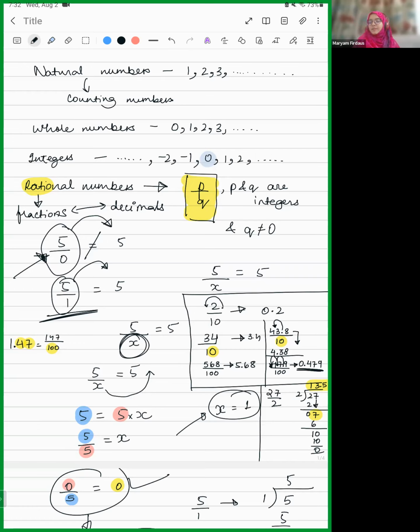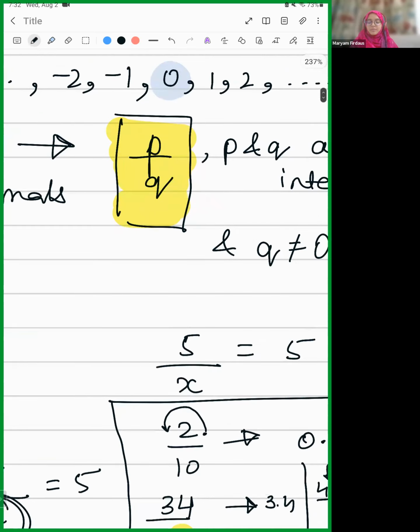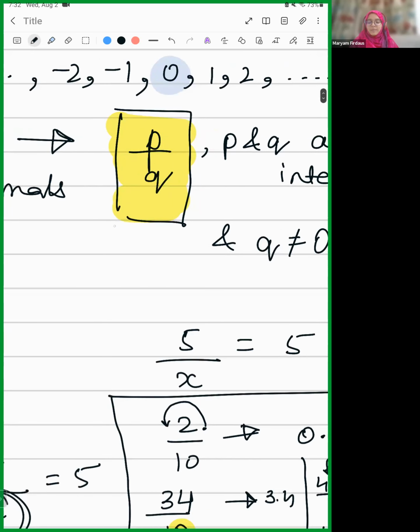Avni, you have to think about a rational number which is not an integer. Think about the definition of rational number. P by Q. Can you tell me any number of this form, P by Q? 6 by 5.